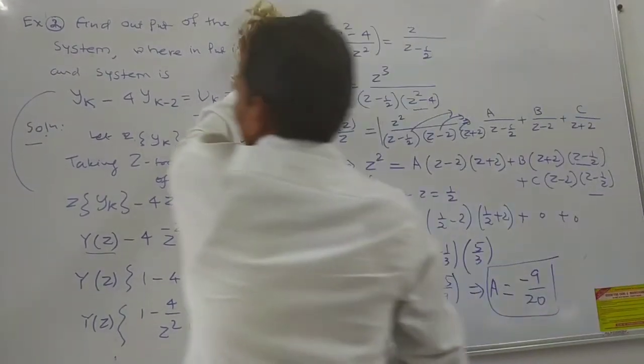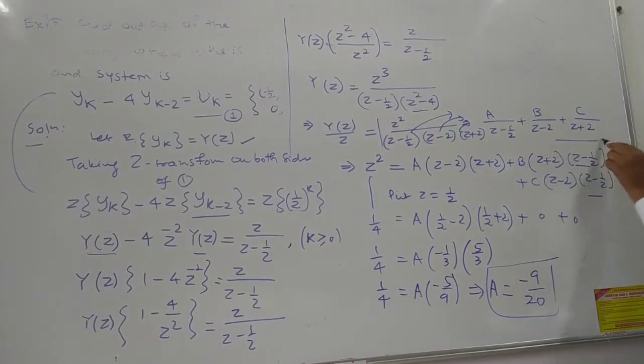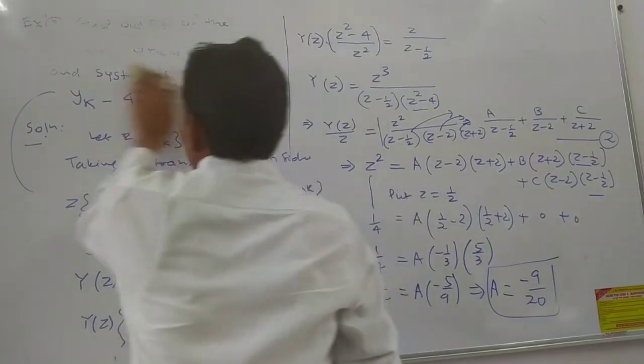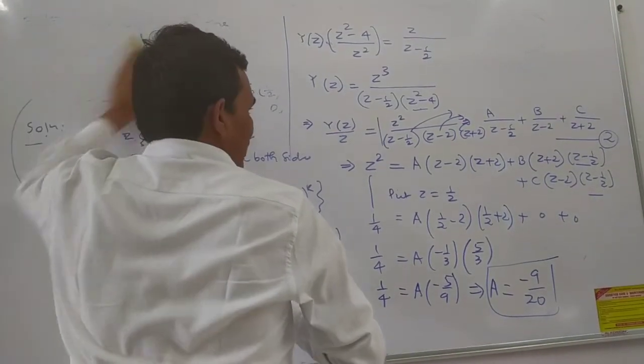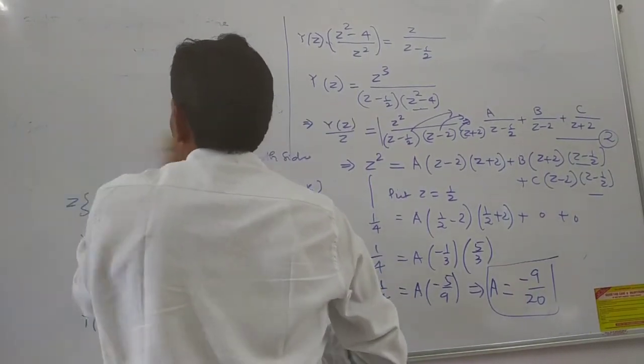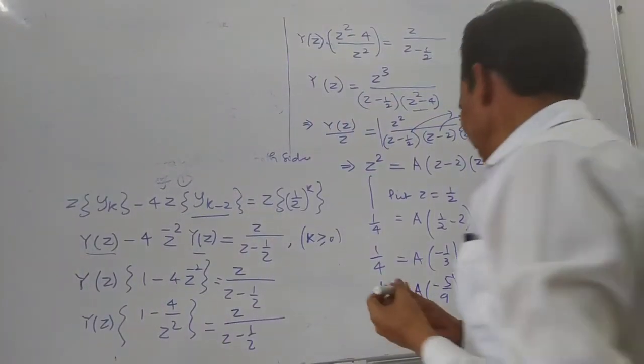You can just put the values there in a particular expression. Say this is expression number 2. We can put the values there, and you may be getting those values of b and c.